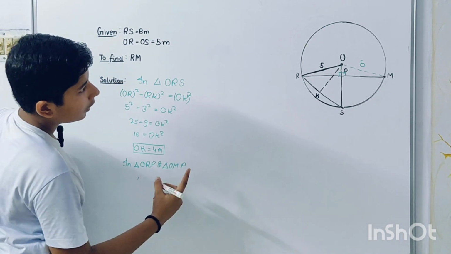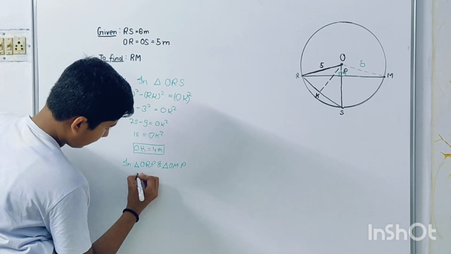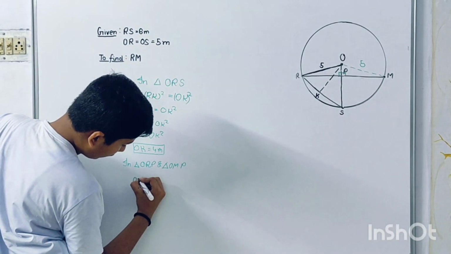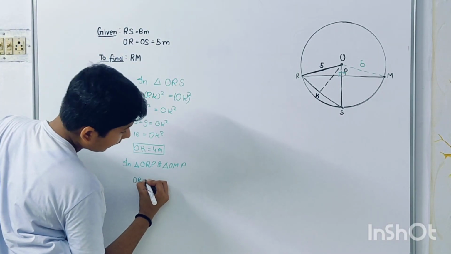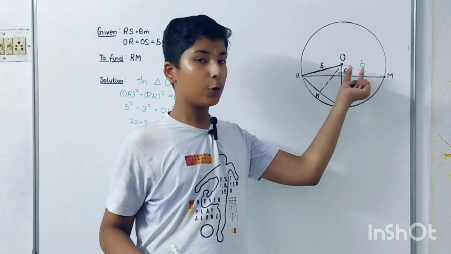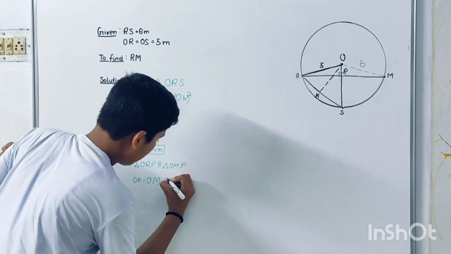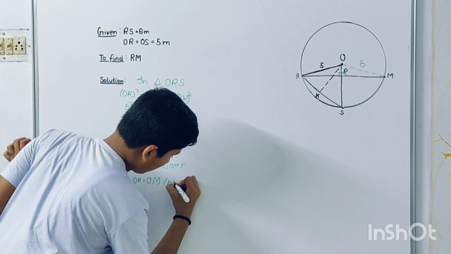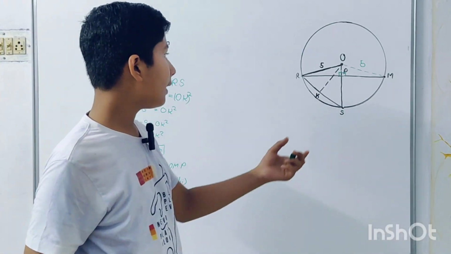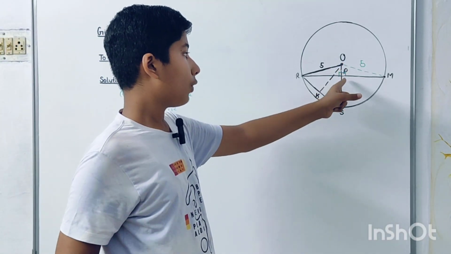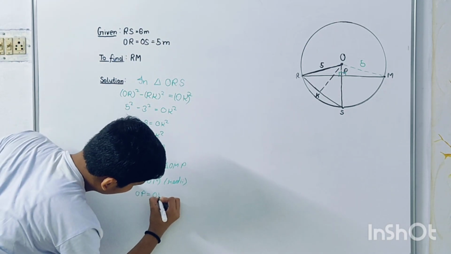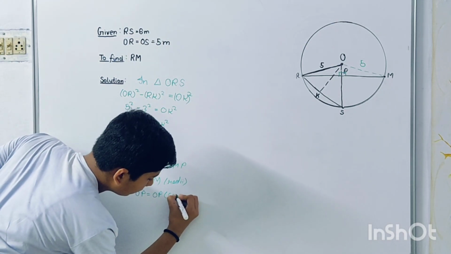In triangles ORP and OMP, OR equals OM because both are radii of 5 meters. OP equals OP, as this is common.